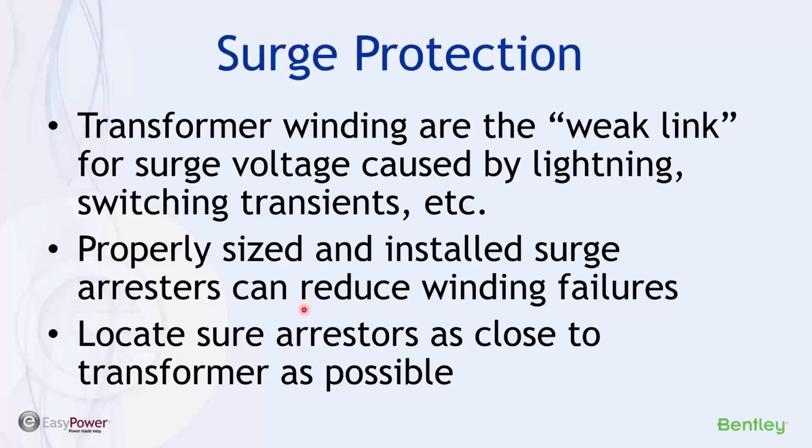So properly sized and installed surge arresters can reduce the winding failures. And you want to make sure, and these can be on both the primary and the secondary control connections on the transformer itself, that you locate the surge arresters as close to transformers as possible.